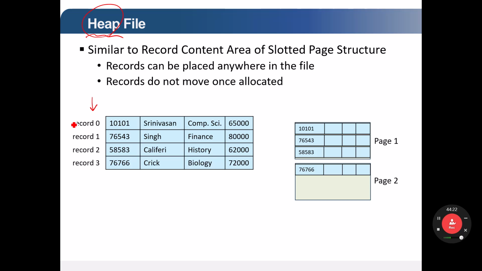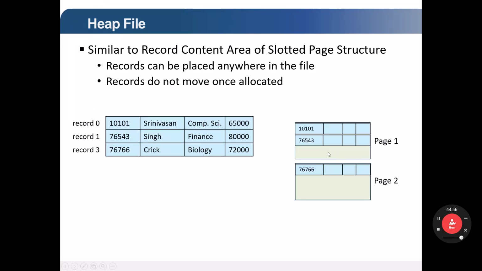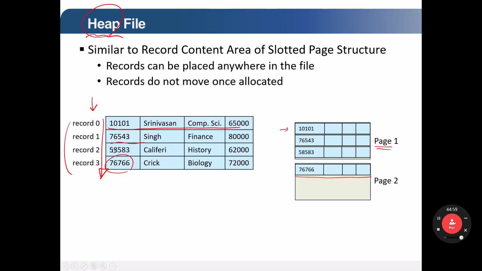So suppose we have a table with 4 records. And let's assume we inserted Srinivasan first into the table and Singh as the second record, in this order from up to bottom. Then we will simply place the first, second, and third records in the first page. And since the first page is full, we move on to the second page and store the fourth record there. And then let's assume the application deleted Calipari.